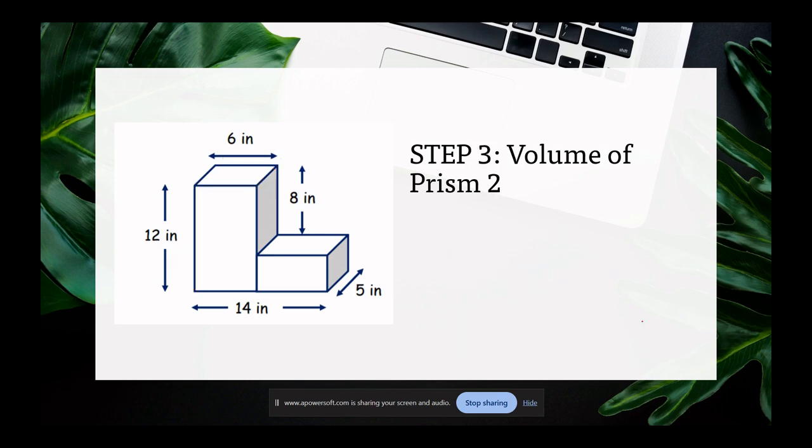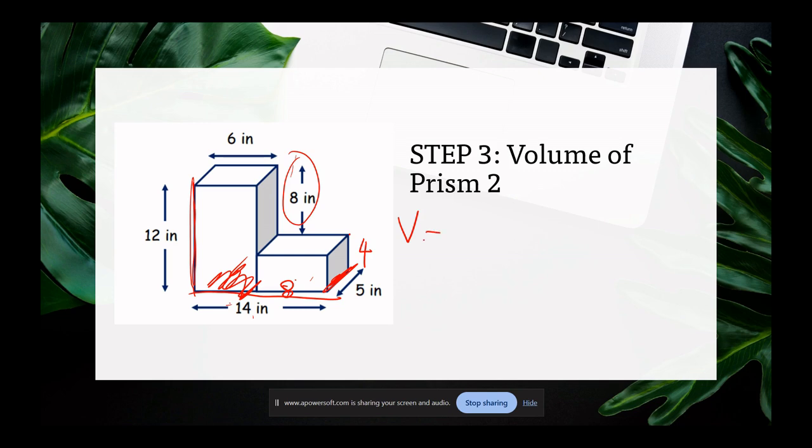Then let's go to the second prism. Let's recap. If the entire length is 14, but I've used up 6, what am I left with for my length? 14 minus 6 is 8. My width is still 5. And then my height, if the total height is 12, but I've used up 8, what am I left with? 12 minus 8 is 4.